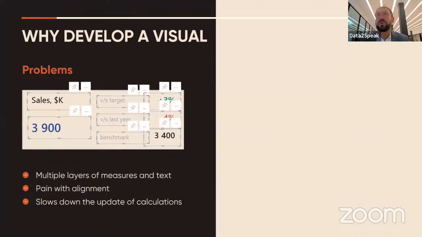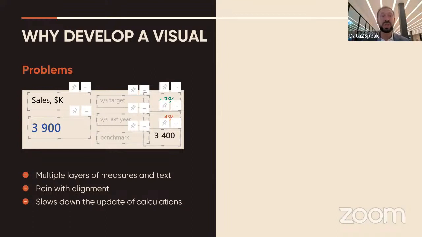what's the problem? What's the purpose of this visual? Initially we developed sophisticated scorecards with different indicators. For example, here we see total sales, and we don't put all the initial data, sales target, sales per previous year, any benchmark.